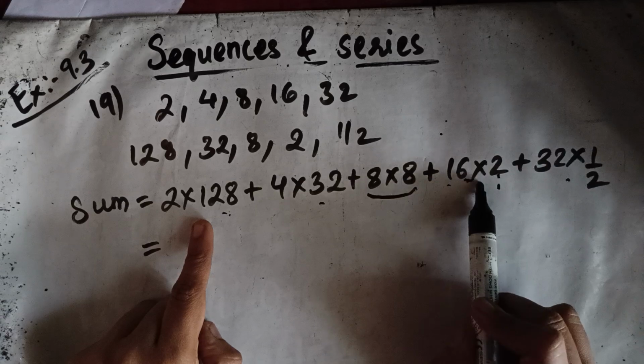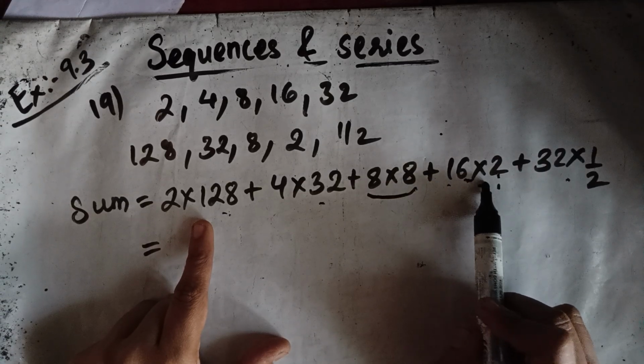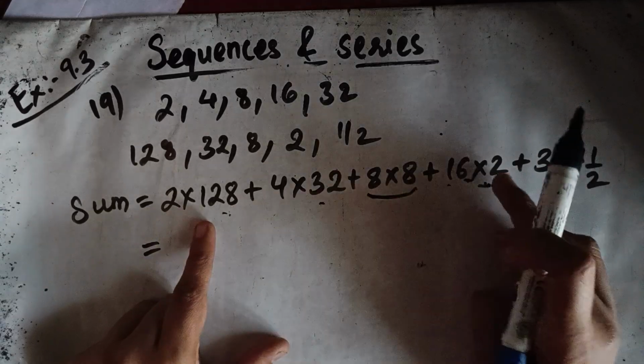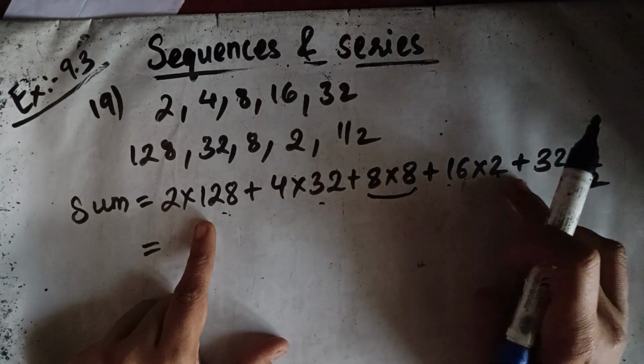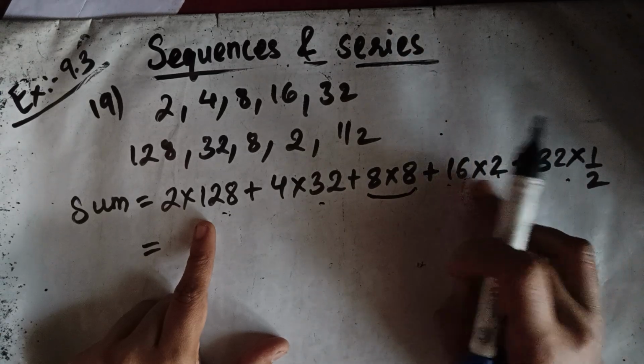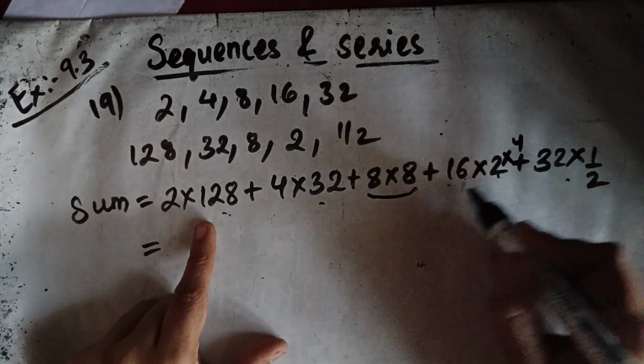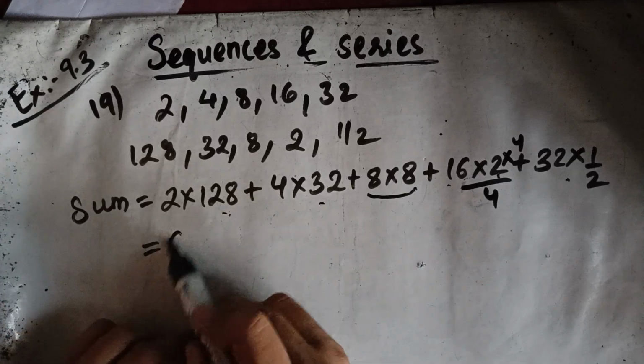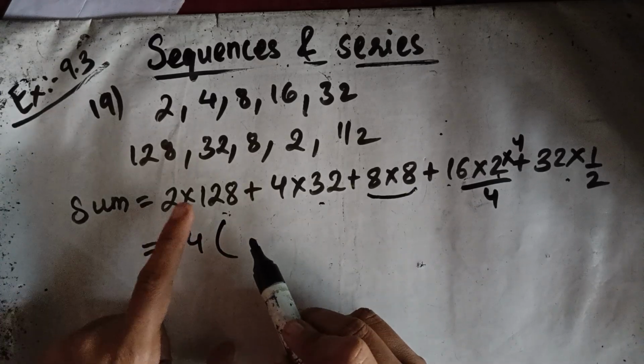Here it is not there. Here we have to substitute for 64. That is, we have to make this 64. 16 for the, so into 4 divided by 4. Okay, so 64 I am taking common.